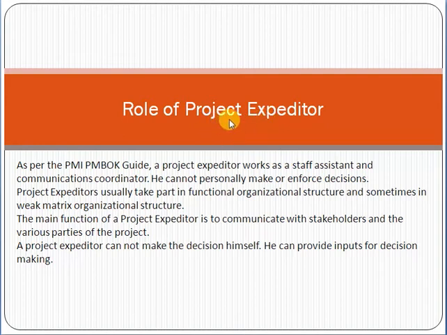There are two terms: Project Expediter, that means a person who expedites the project. If we just look at these two words, it means that a person having this role has to expedite the project. So this is his role.